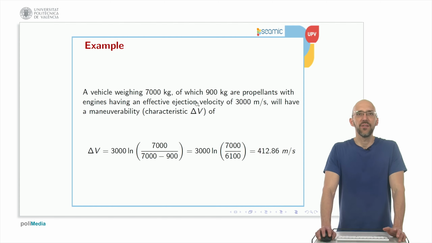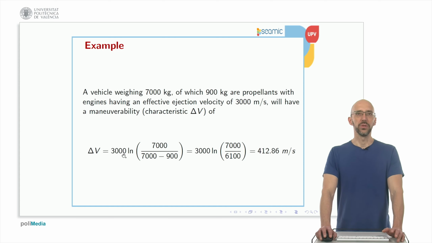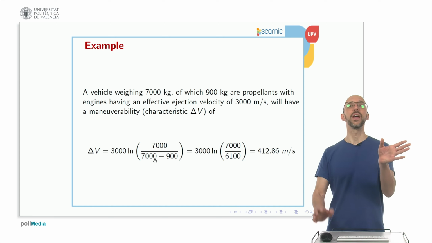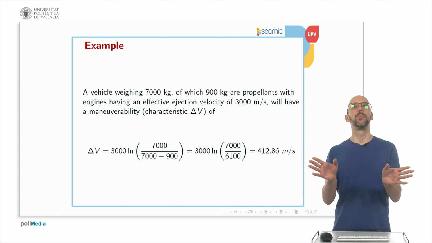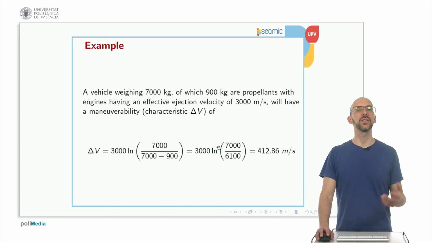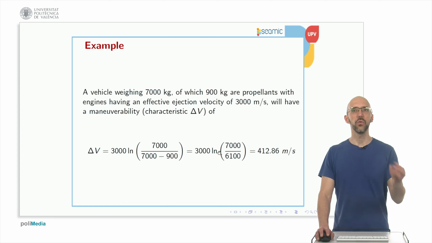If the engines have an effective ejection velocity of 3,000 meters per second, which is a speed, we'll have a delta V of, let's see, we put the ejection velocity in front, times the logarithm of the initial mass of the rocket divided by the initial mass of the rocket minus the kilos of propellant. We are going to think that we just burn these 900 kilos. So what is the delta V that this rocket can reach?